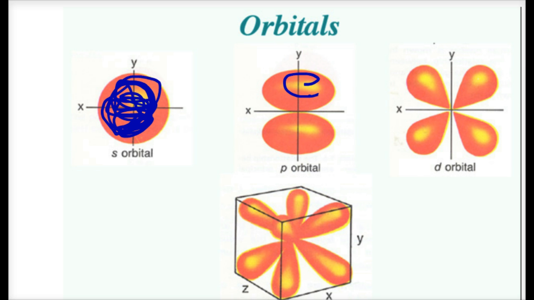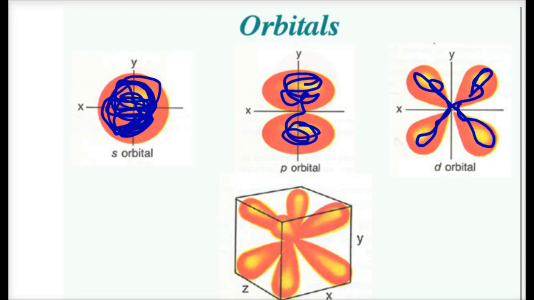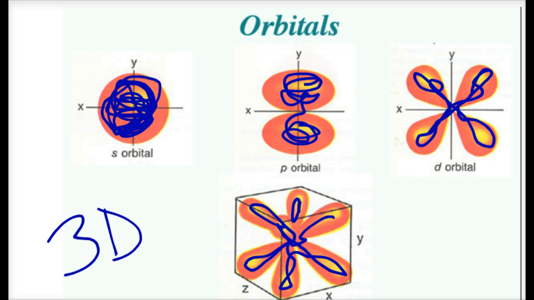You get an hourglass type shape for your p orbitals, clovers for your d orbitals, and I'm not exactly sure what shape you would call this for your f orbitals. Keep in mind that all orbitals have a 3-dimensional shape to them, even though they're drawn 2-dimensional here.